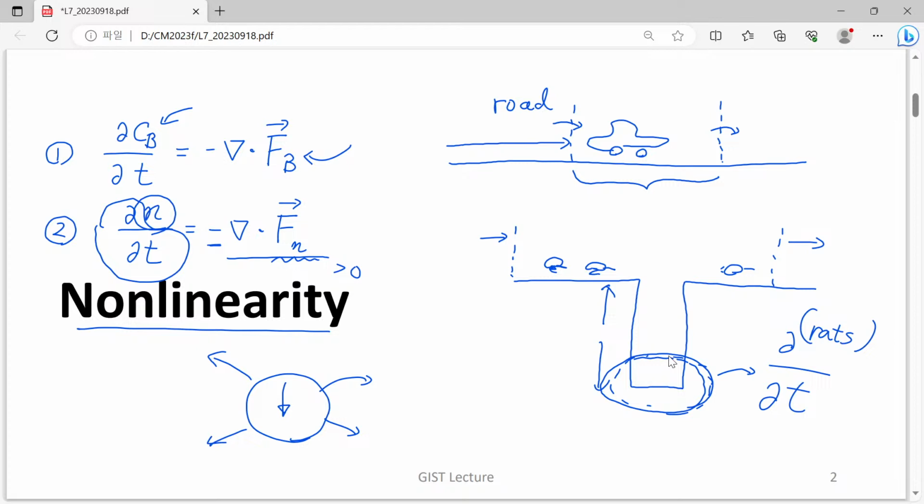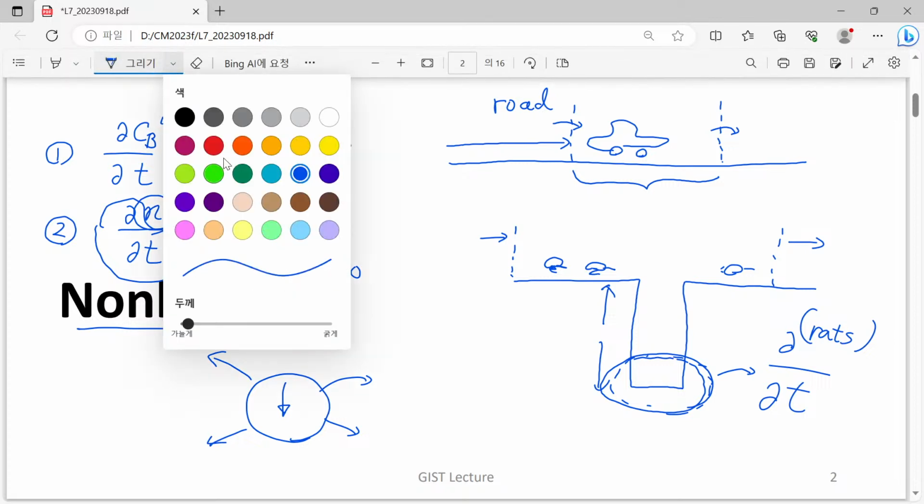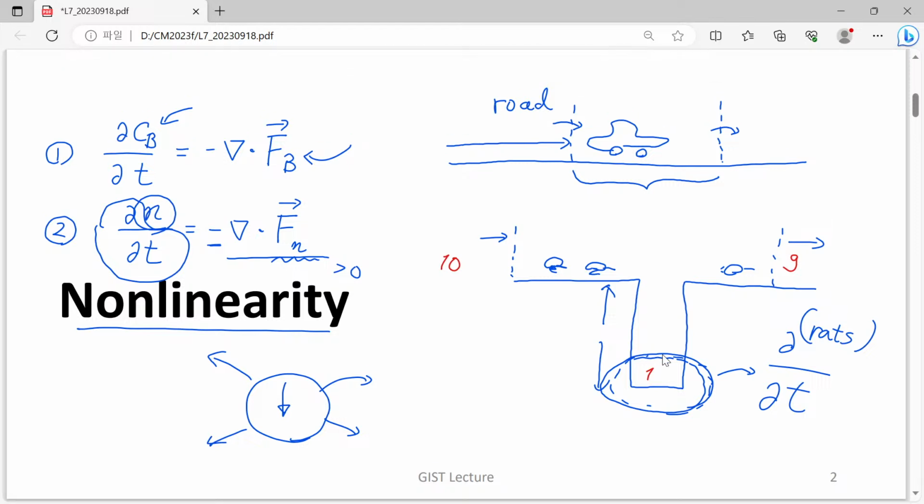This is not a suitable description. You have to understand this is not a good description. If we have, for example, 10 more LEDs coming in and 9 going out, that doesn't necessarily mean that one more LED is captured by this system. So are you with me?